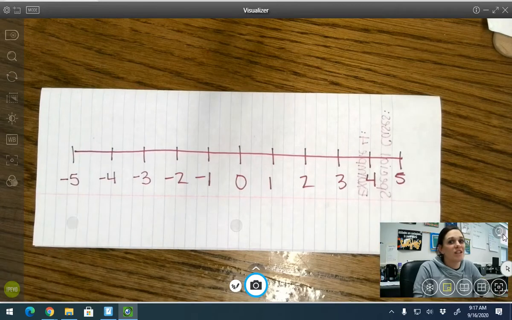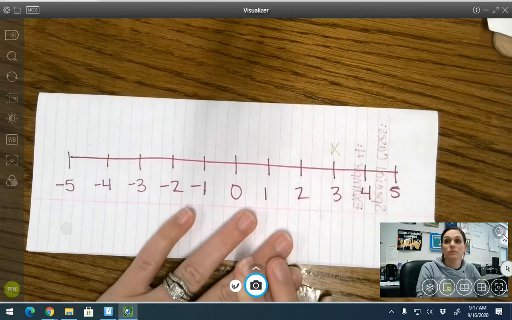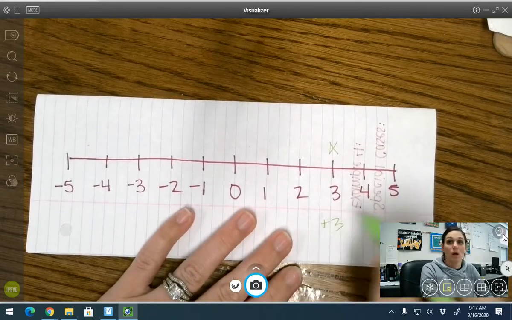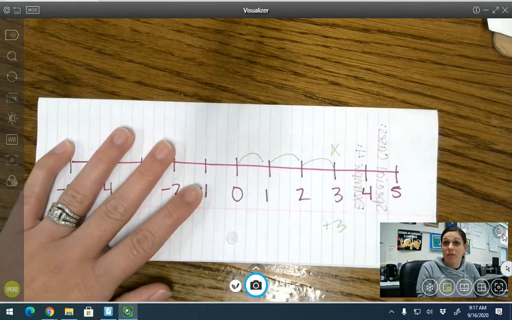Okay, so what we have to understand with absolute value is it's answering the question of how many spaces am I away from zero? It's asking what is that distance? So if I'm dealing with the positive number 3, I am 1, 2, 3 spaces away from 0.